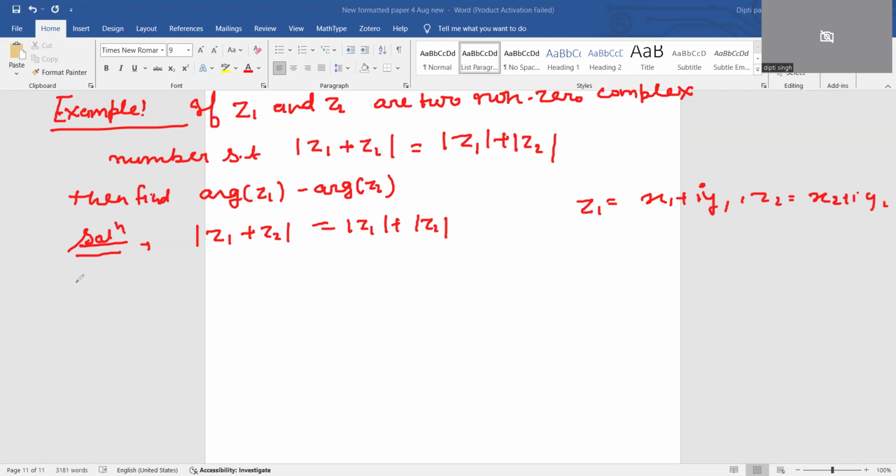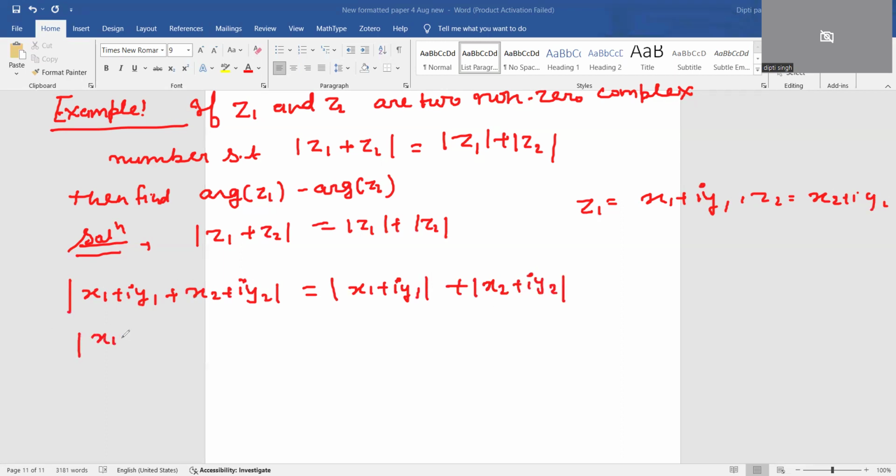So if we put the value of these, it will be modulus of x1 plus iy1 plus x2 plus iy2 equals modulus of x1 plus iy1 plus modulus of x2 plus iy2.